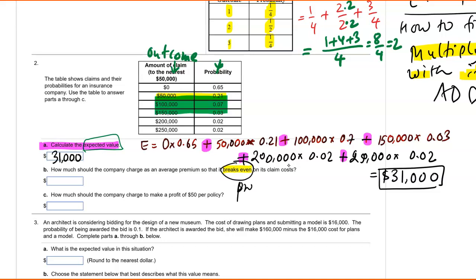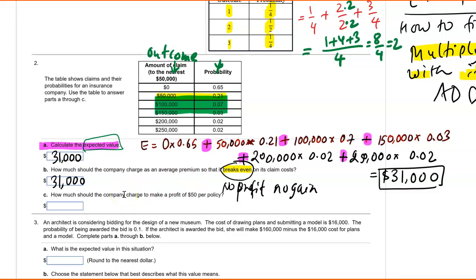Therefore, if the company wants to break even, that means no profit, no gain, the company should charge that much, because that's the expected value, that much is expected to cost the company in the claim. Therefore, the company should charge this much, $31,000, to break even. Does it make sense?